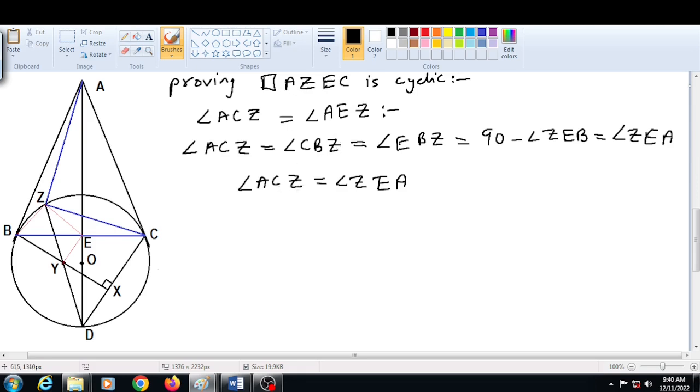And because these two angles are equal, we can write safely that AZEC is cyclic.